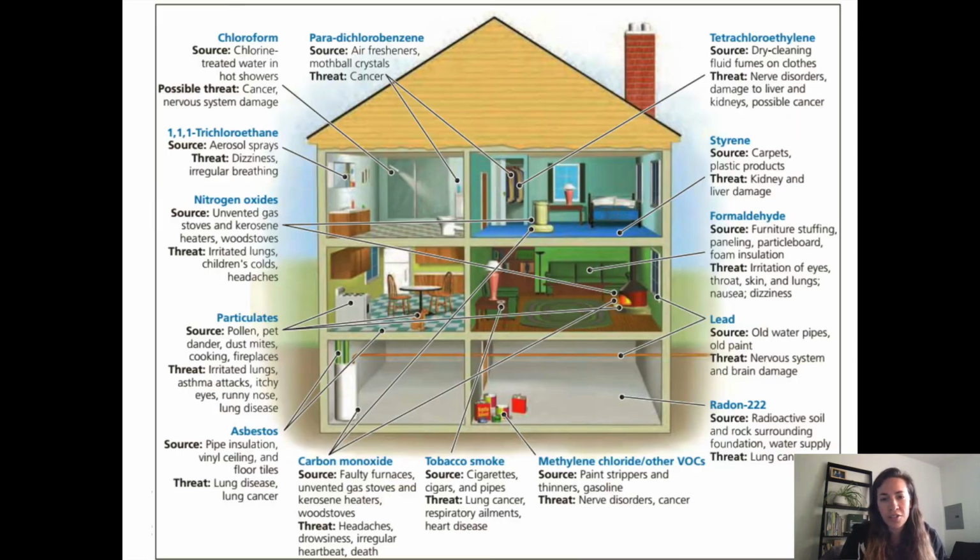There's a really good image in your text that highlights some sources for all sorts of different pollutants in the home. Ones to know are certainly tobacco smoke, asbestos, formaldehyde, lead, radon, etc.